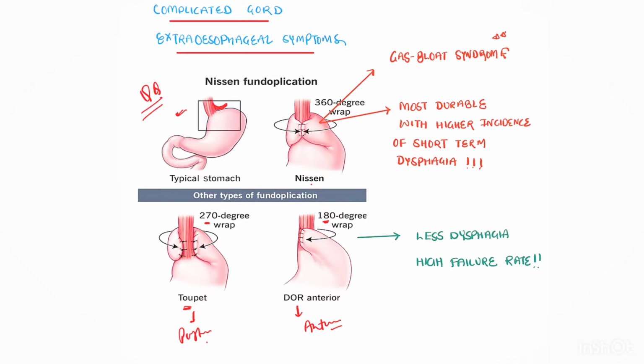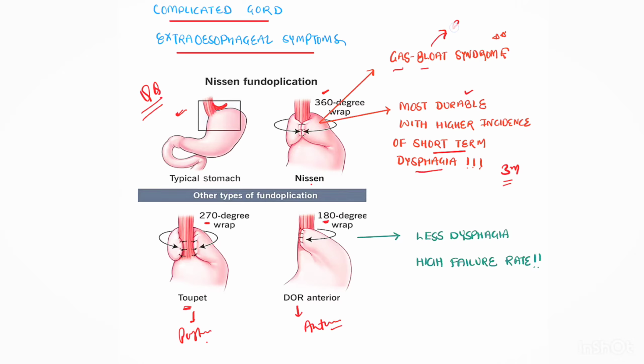So what are the advantages and disadvantages of these surgeries? In Nissen fundoplication, due to the 360 degree wrap, there is short-term dysphagia, like for 3 months. There is a risk of dysphagia, but there is very less chance of recurrence of GERD. So this is the most durable surgery, and it causes gas bloat syndrome.